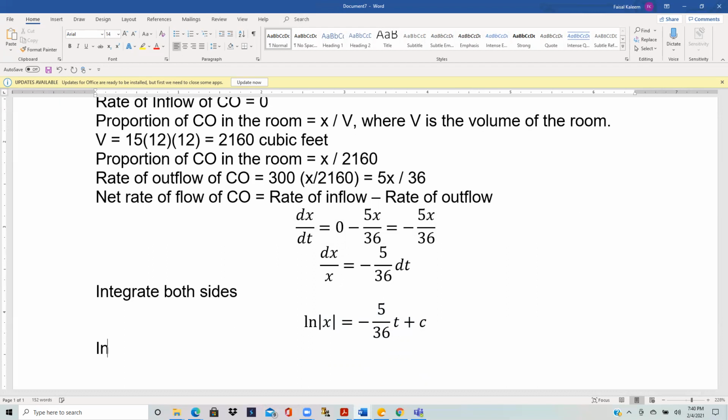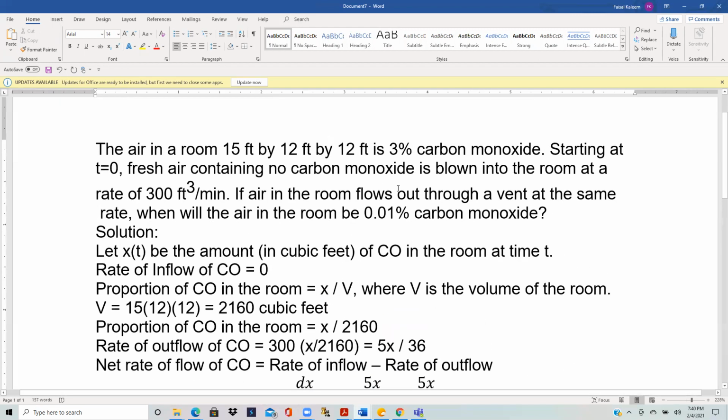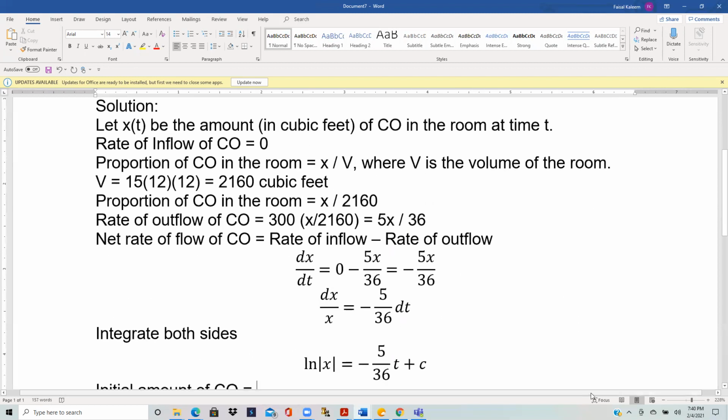So the initial amount of carbon monoxide is 3% of 2160.